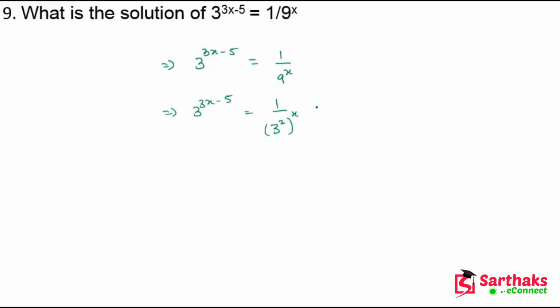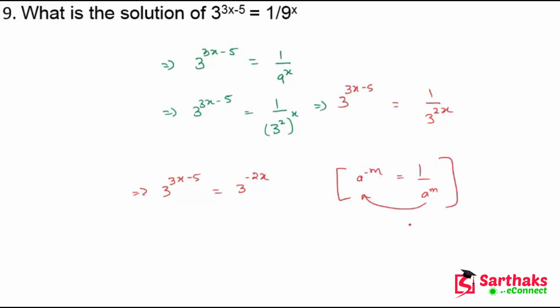So this will become 3 raised to power 3x minus 5 equals 1 upon 3 raised to power 2x, since the powers multiply. And we can write this as 3 raised to power 3x minus 5 equals 3 raised to power minus 2x, because we know that a raised to power minus m equals 1 upon a raised to power m. So we can write the reverse also.